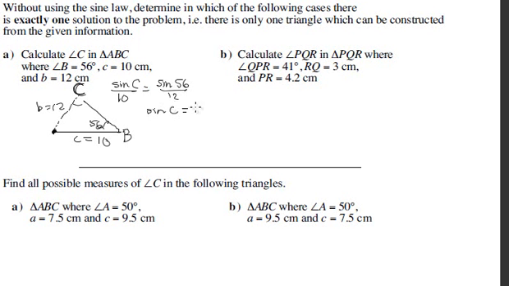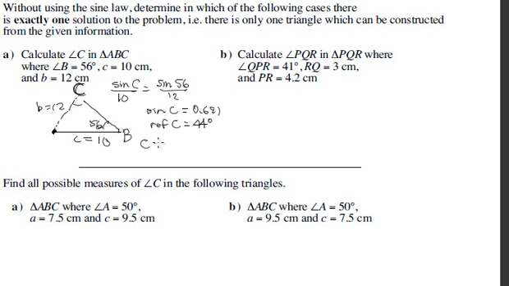That gives you sine C is 0.691. That should be close enough. And then you go second sine, and you get a reference angle of 44 degrees. The reference angle for C is 44 degrees.